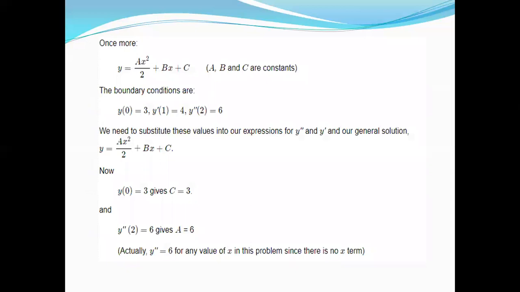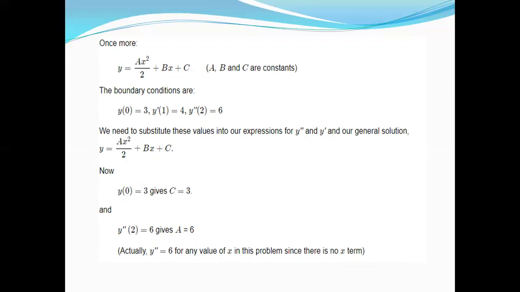Now once more, again one example. y is equal to ax square upon 2 plus bx plus c, where a, b and c are constants. So the boundary conditions are y(0) is equal to 3, y dash(1) is equal to 4, y double dash(2) is equal to 6. So we need to substitute these values into our expressions for y double dash and y and our general solution. So y is equal to ax square upon 2 plus bx plus c.